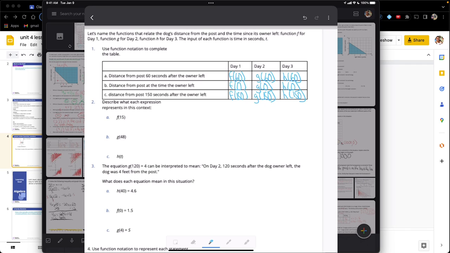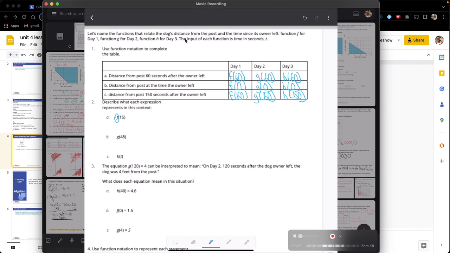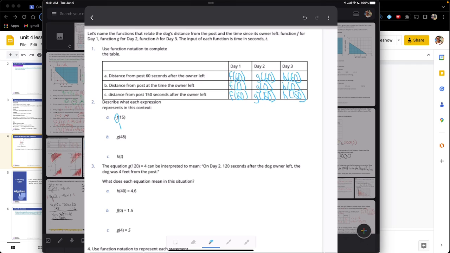f of 15. Remember, f is the function name for day 1. So f signifies that we're dealing with day 1. And 15 represents a time, so that would be 15 seconds.